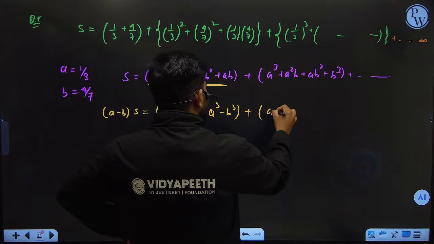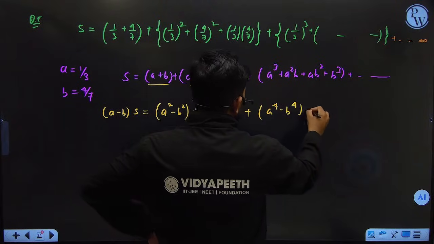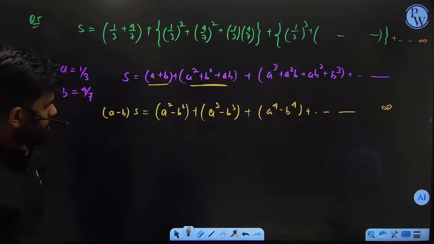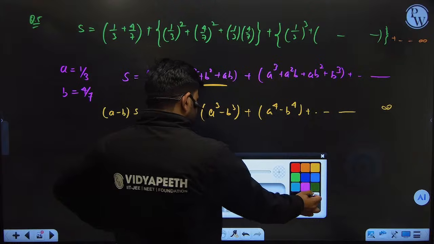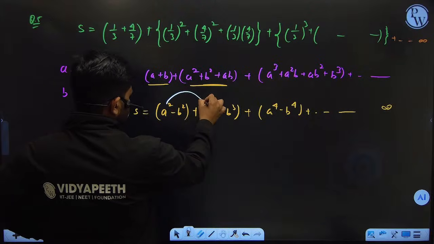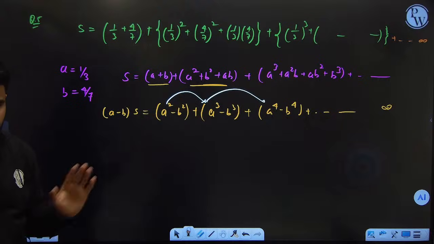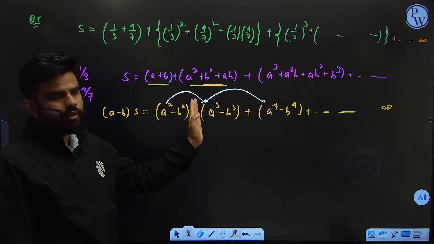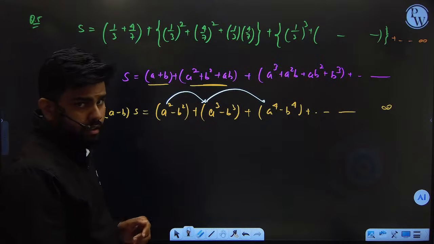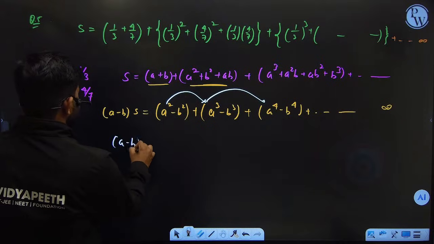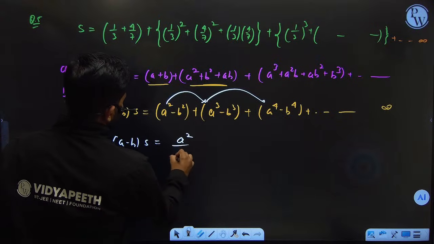Similarly, it will become A power 4 minus B power 4, and it will go till infinity. So now it is a GP. If you see the first term A, A square, A cube, A power 4, it is a GP where the common ratio is A. So the sum of an infinite GP is A upon 1 minus R.